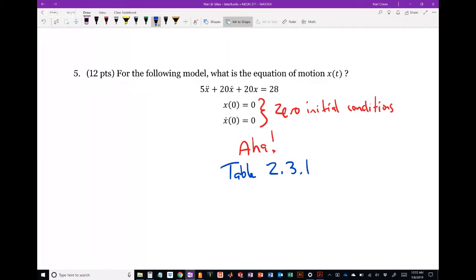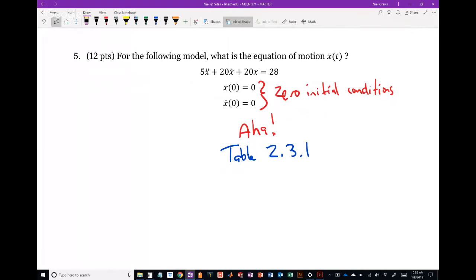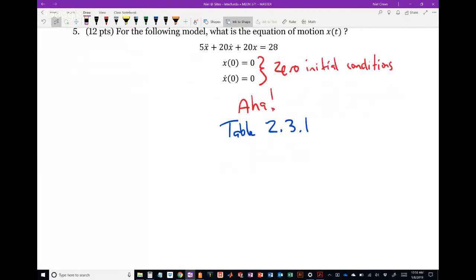Okay, so we look at table 2.3.1, and you're welcome to pull that up from your book or from whatever. But case 3, I'll show you. So case 3 from table 2.3.1 is this.